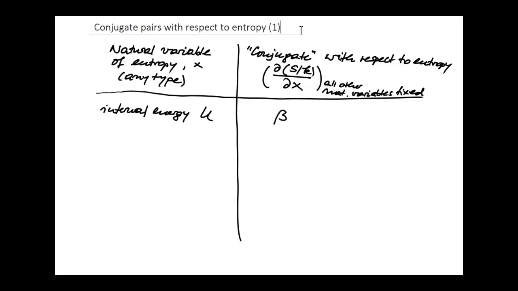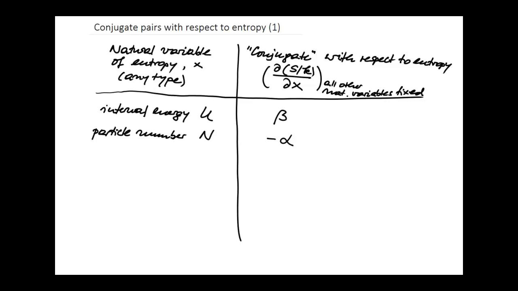Another variable that the entropy very often depends on is the particle number, capital N. Again, it can be either a sharp constraint or an expectation value. And its associated conjugate is, for historical reasons, called minus alpha.